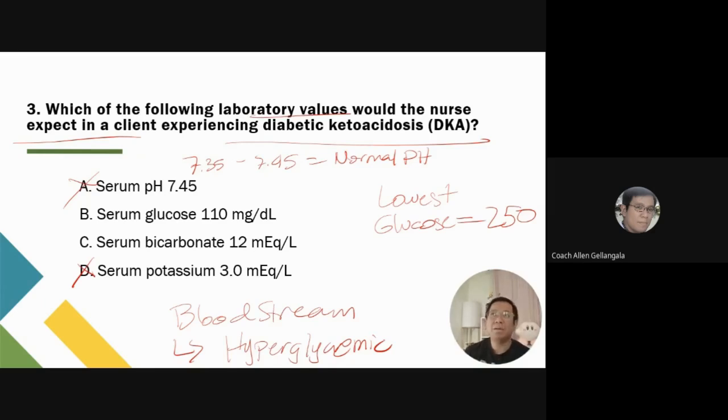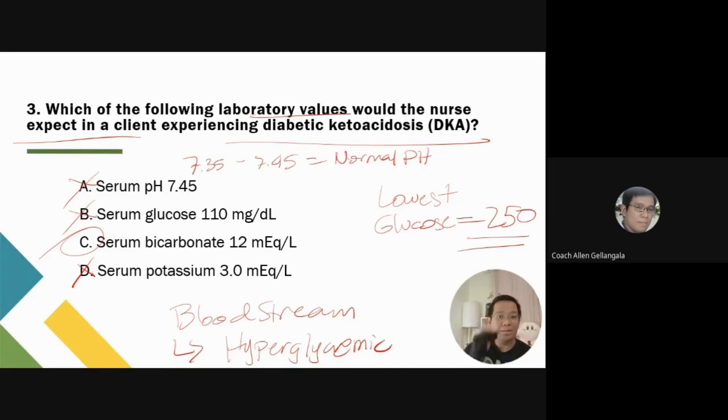In my experience, the highest that I encountered was almost 1,200 milligram per DL, literally 1 gram of sugar in the blood. So if the lowest glucose is 250, is B a correct answer? Of course not, because this is within normal range. So your correct answer is a serum bicarbonate that is 12 milliequivalent per liter.